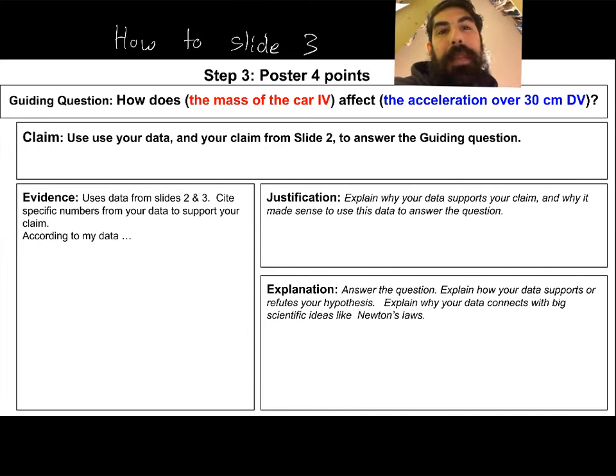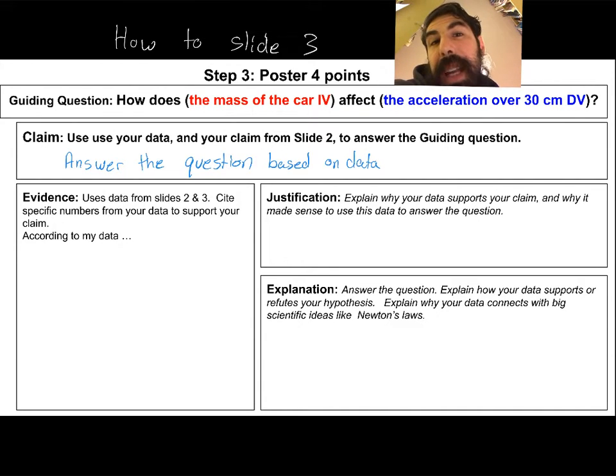Your claim needs to answer the question, based on your data. So my data shows, and you want to refer back to the conditions for your experiment.